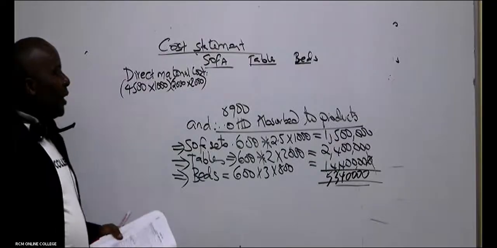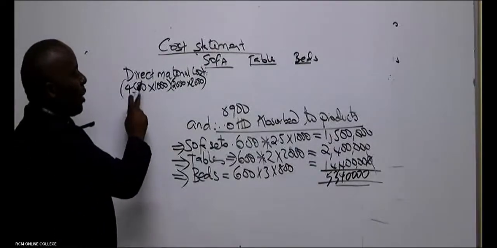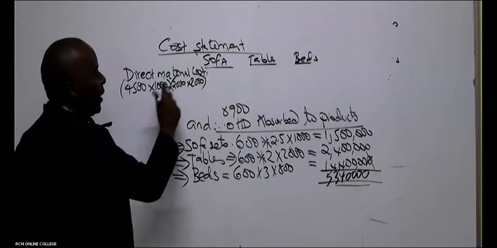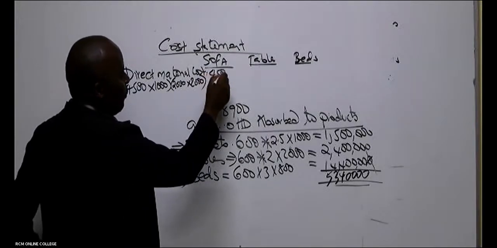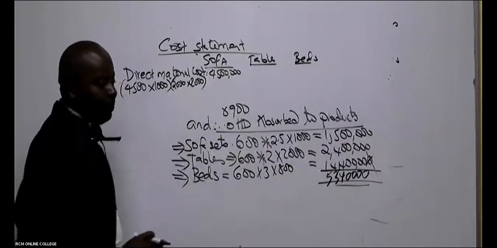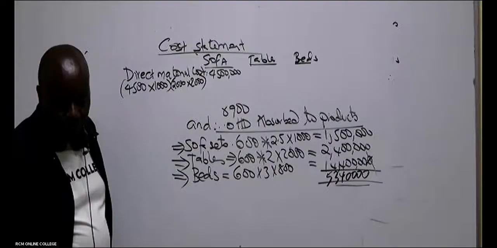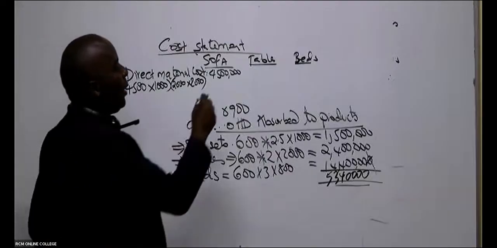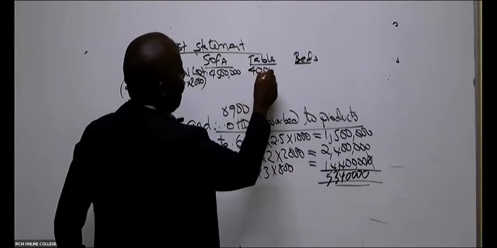All right. Then give me the direct material cost for sofa sets first. 4,500 times this. Is there somebody who is able to see 4.5 million? Then 2,000 times 2,000 gives 4 million. And are you able to see the value for beds now?